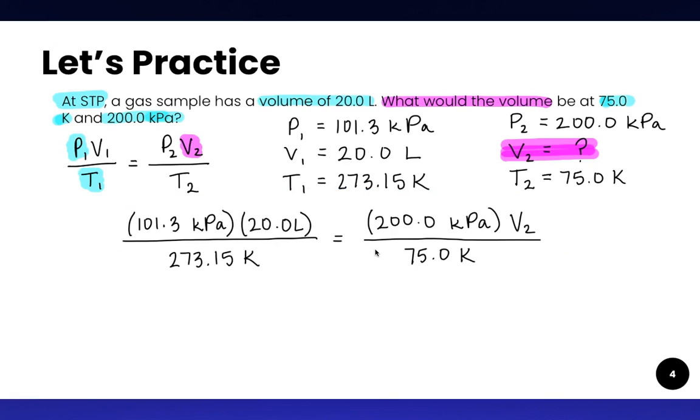Okay, I'm going to scoot this math over because in order to get V2 by itself, we're going to have to multiply both sides by the reciprocal of this fraction.